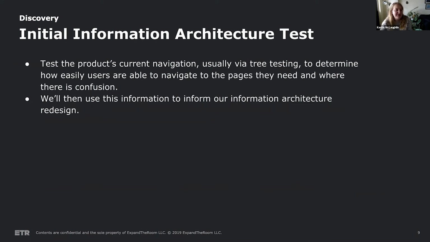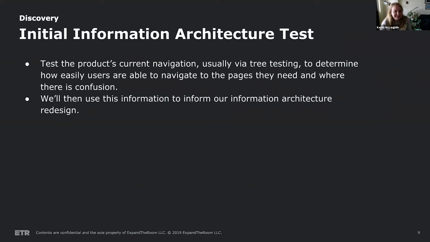Also, with initial information architecture, a lot of times we're just going off of best practices. With initial information architecture tests, we can test the product's current navigation and use that as a baseline so that we understand the individual users coming to this particular product.